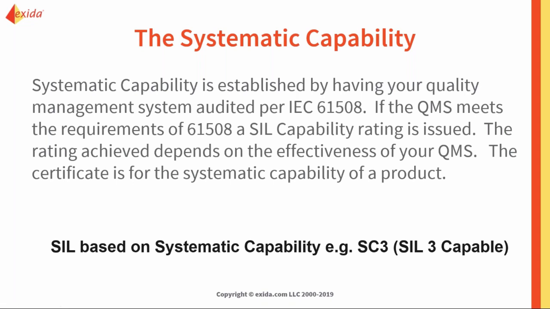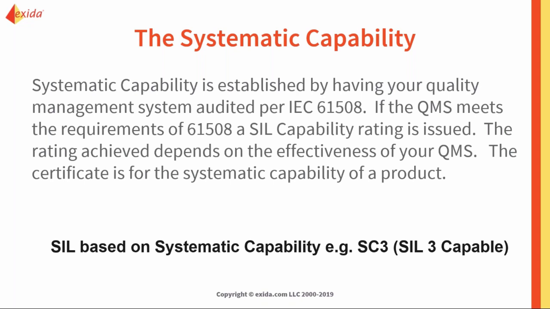So the higher the systematic capability for a product is, the more requirements had to be met by its quality management system. This is the information that shows in big, bold print on a certificate. The certificate is stating the systematic capability of a product.